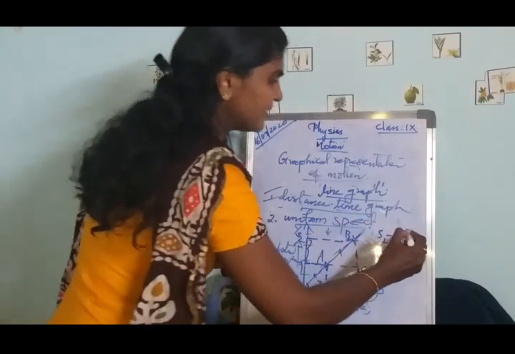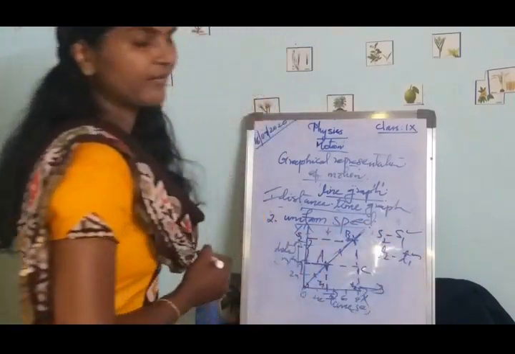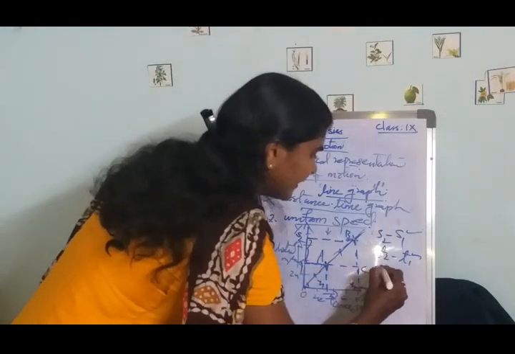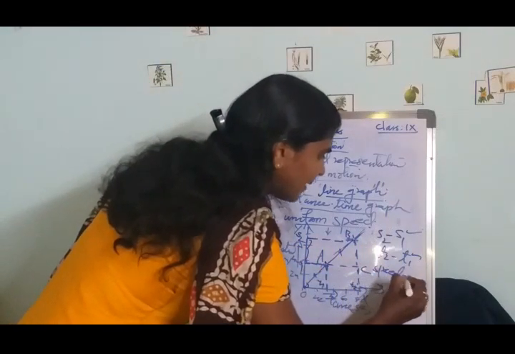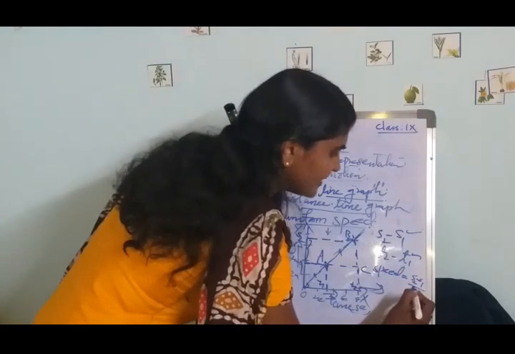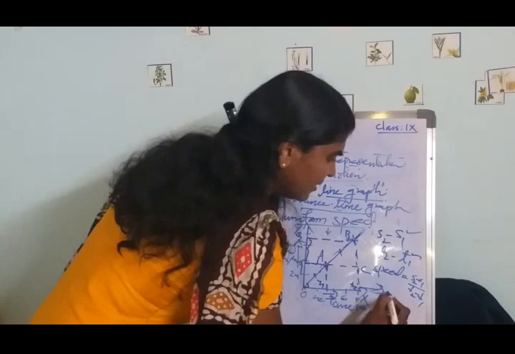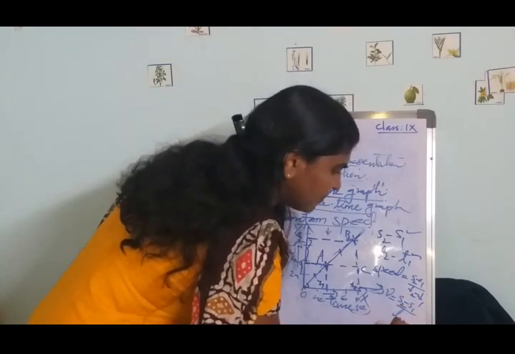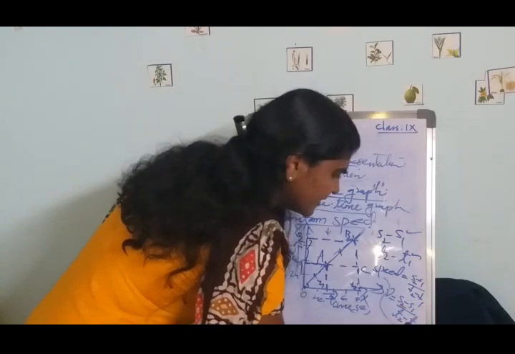So the distance is known and the time interval is given. You know the equation for speed: speed is equal to distance by time. Here the distance is S2 minus S1 and the time is T2 minus T1. So the speed can be represented as S2 minus S1 divided by T2 minus T1.